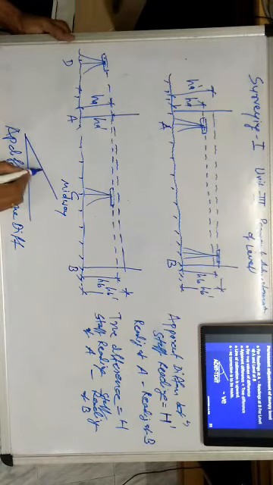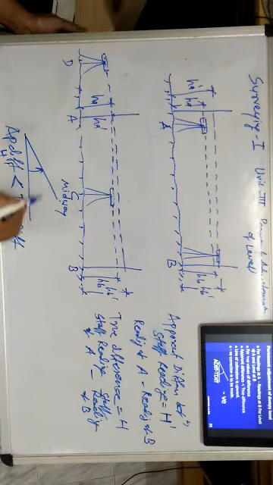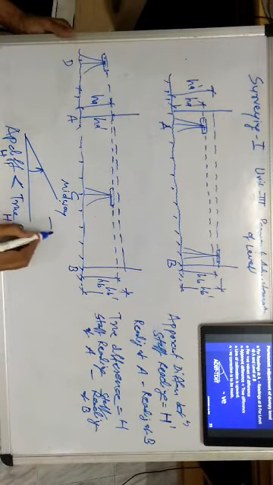So this line indicates the less than symbol, and apparent difference is denoted by H dash and true difference by H. So when H dash is less than H, we can say that the line of collimation is slightly upward. Now to make the correction, the correction will be negative.